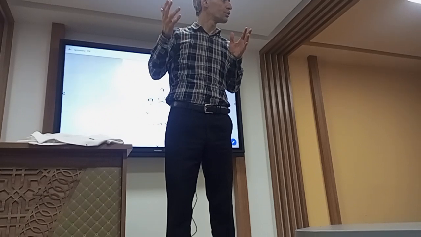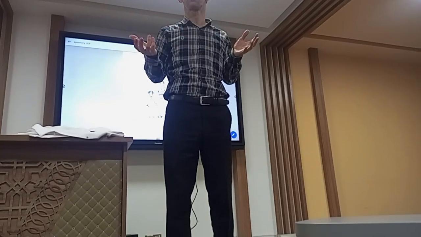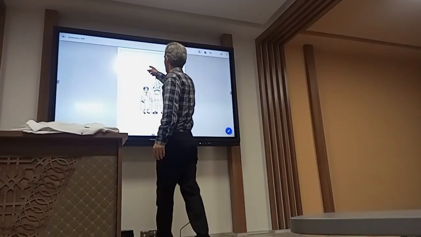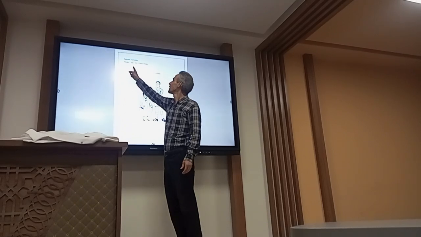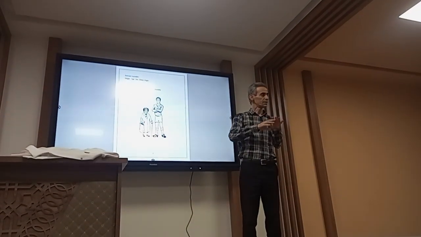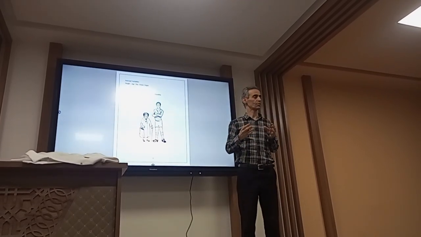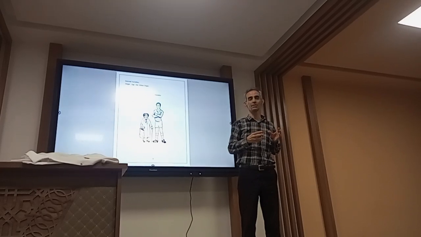How much? 20% of volume and capacity in women is less than in men. The sex, the age, the height, the ethnic origin. These are the internal factors that affect the spirometry.